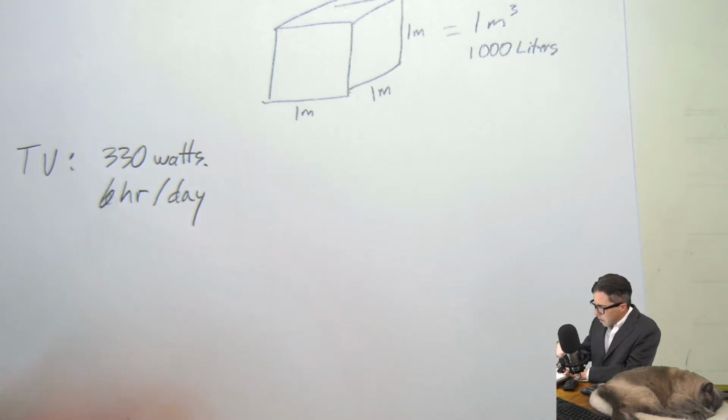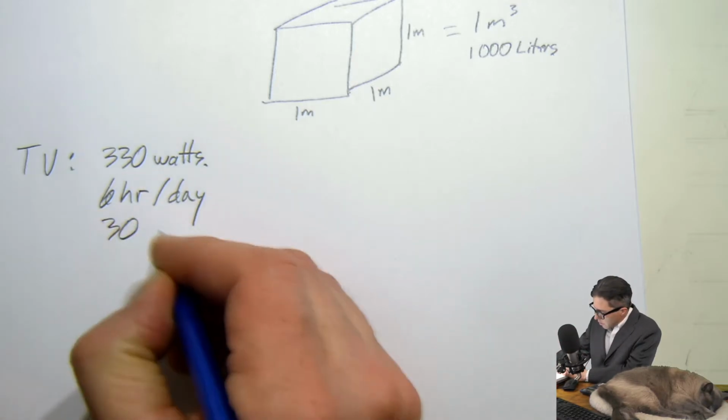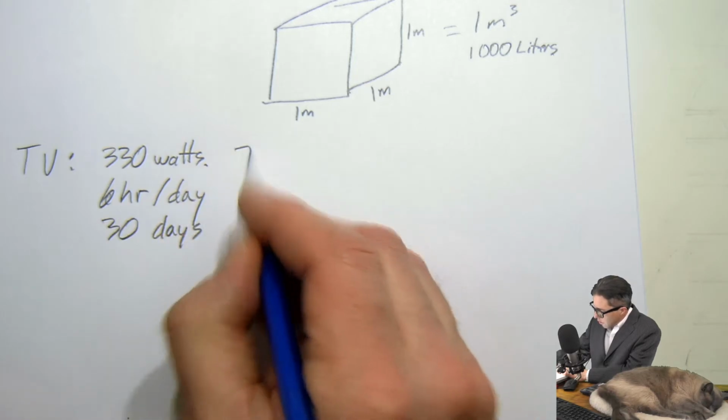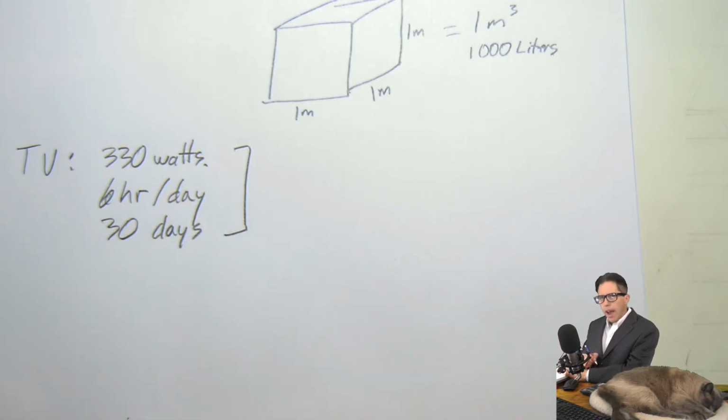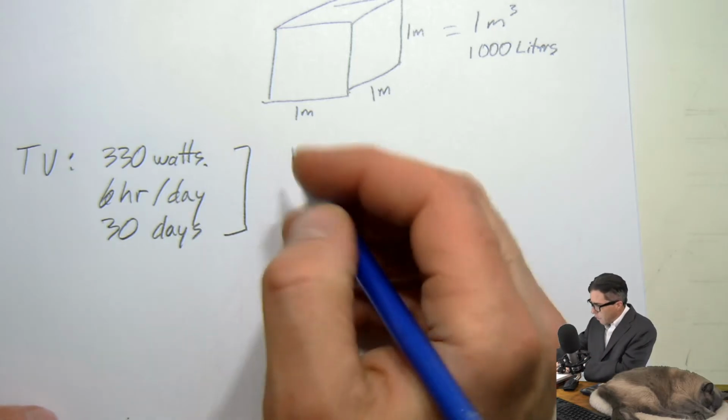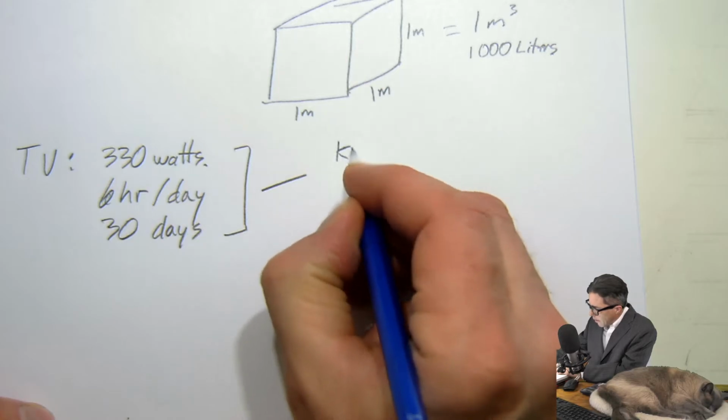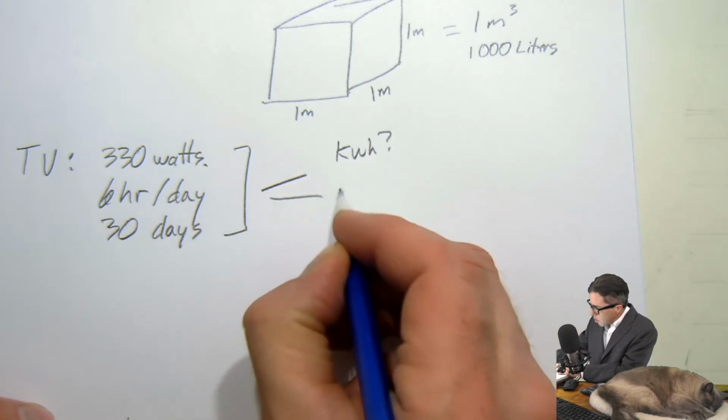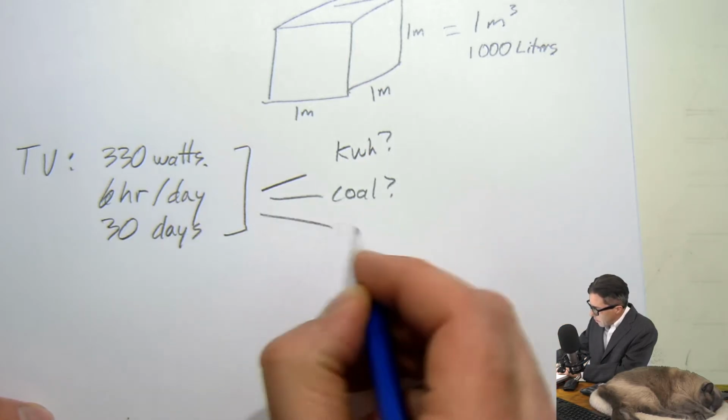And let's say I do this every single day for a month, so we'll say 30 days. Okay, so here's the scenario. Here's what I want to know: how much CO2 did I put in the atmosphere because of this? To answer that, we've got to figure out how many kilowatt hours, how much coal, and how much CO2.